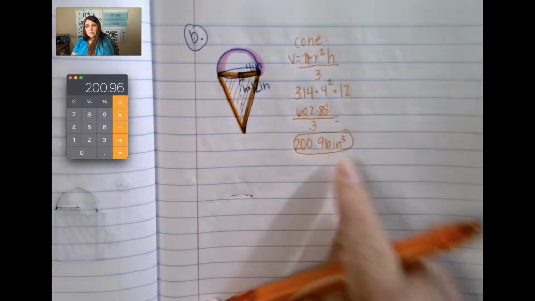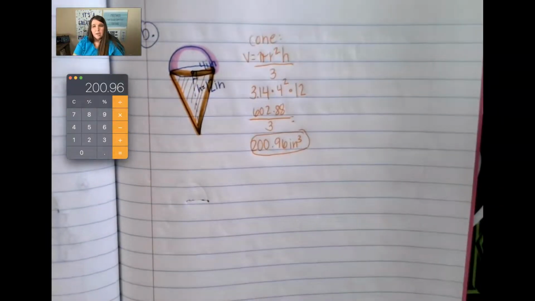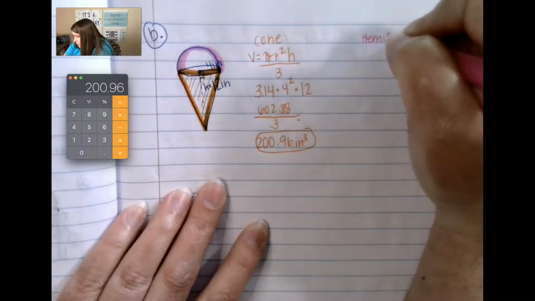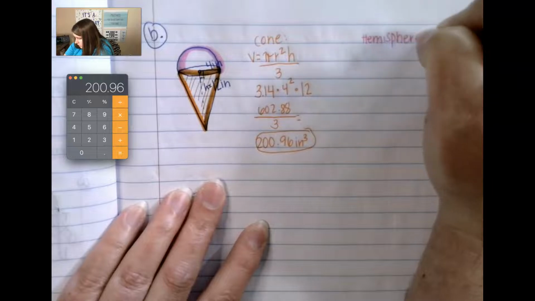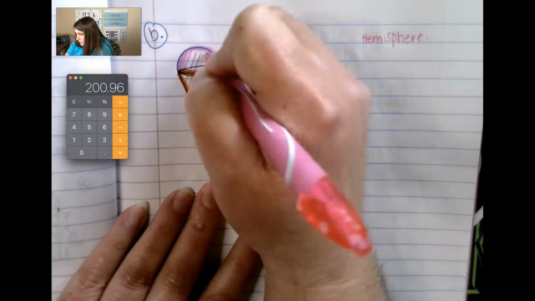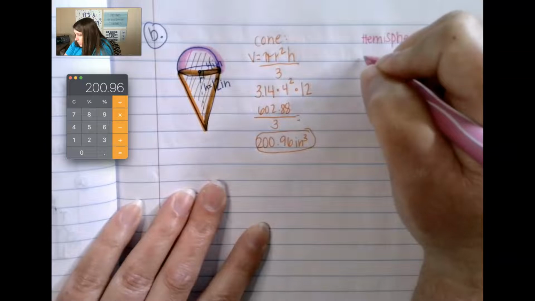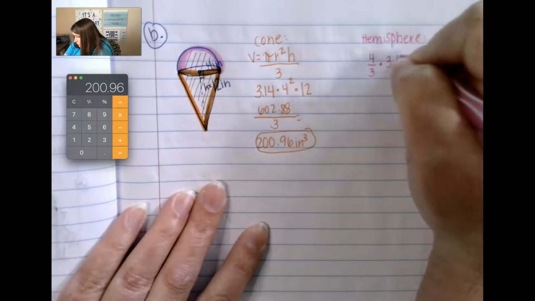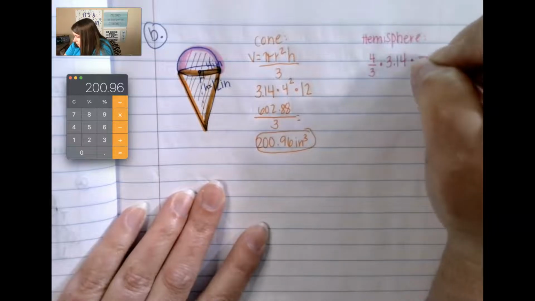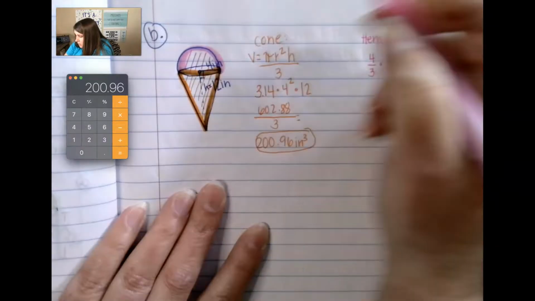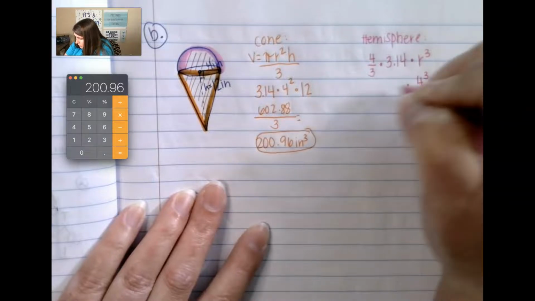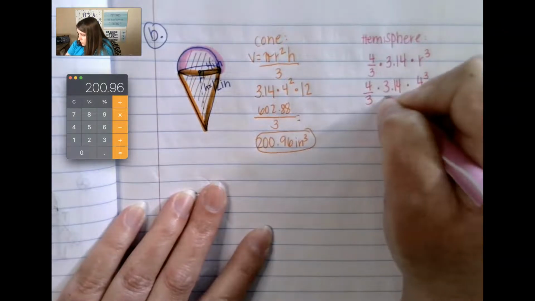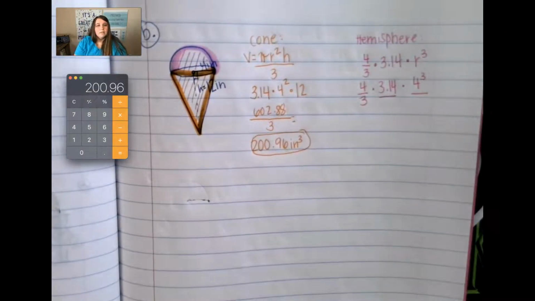So this whole orange cone part is 200.96. Now we need to find the hemisphere, or half of a sphere, which is in pink. So this part here. Again, we know that we're doing 4 over 3 times 3.14 times r cubed. R is 4, so 4 cubed times 3.14 times 4 over 3. Put these over 1. All right, so what is 4 cubed?